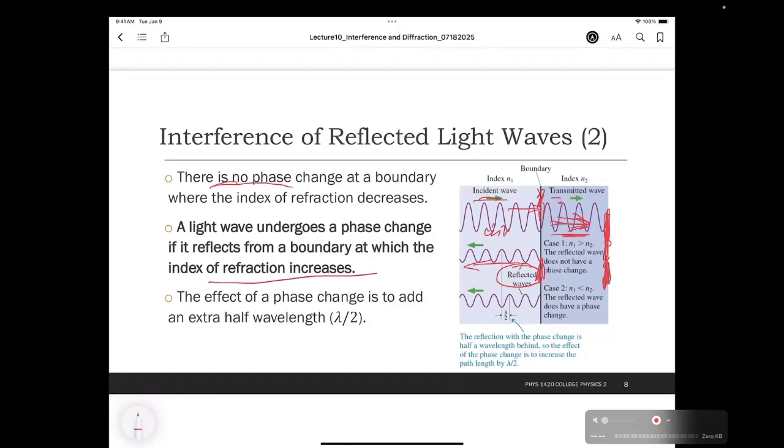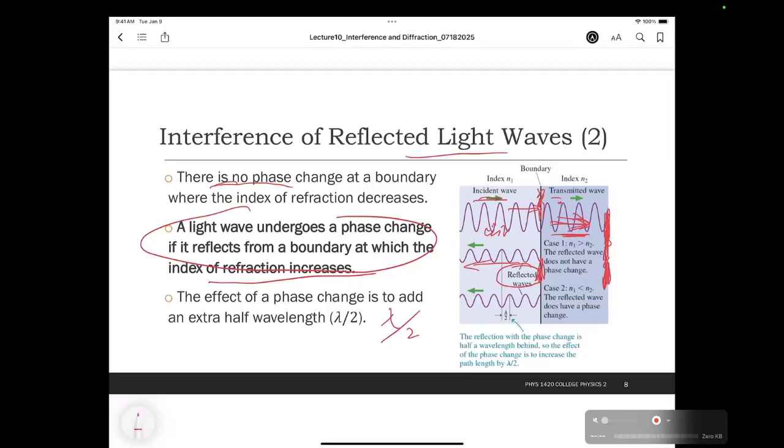Yeah, these are some features of reflected light waves. The effect of a phase change is to add an extra half wavelength. Lambda is the wavelength, divided by 2 is half a wavelength.